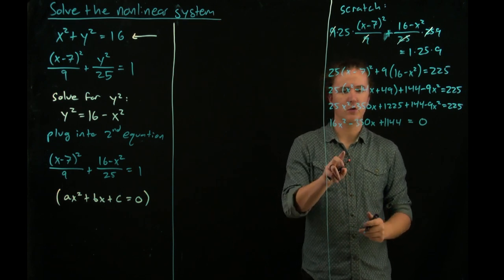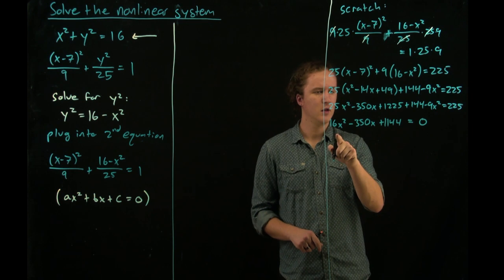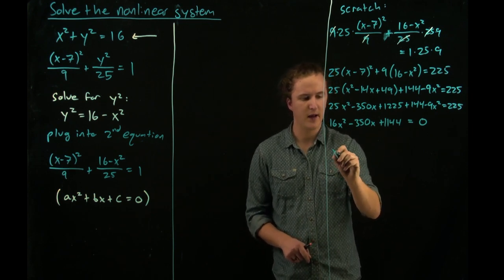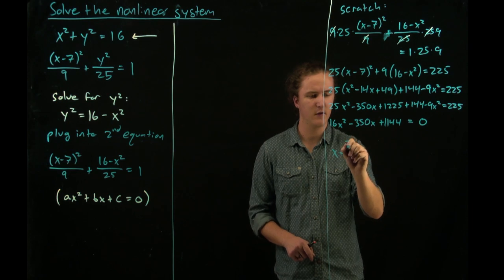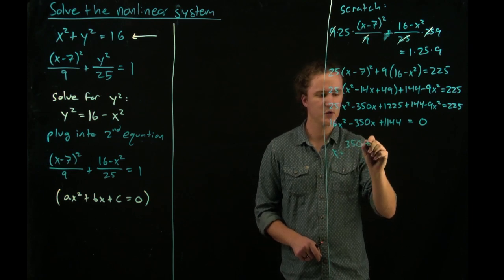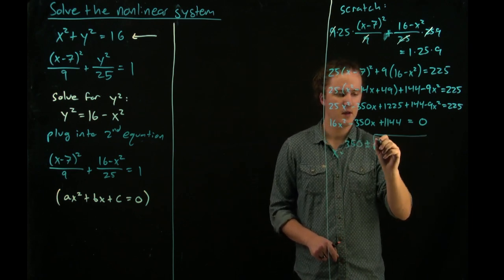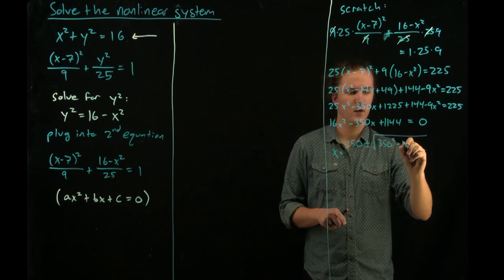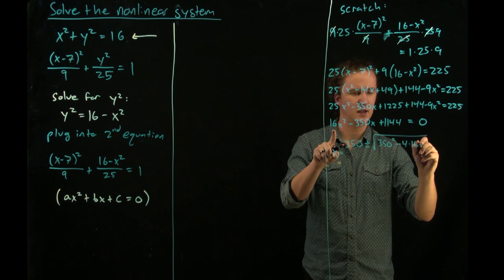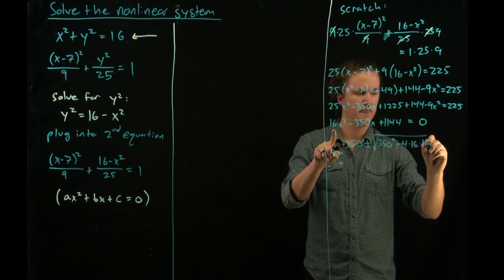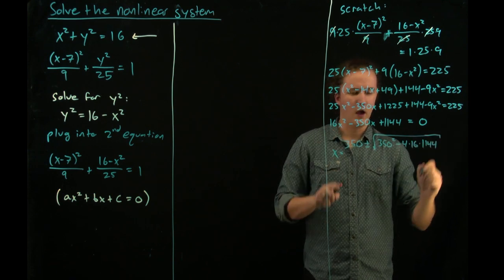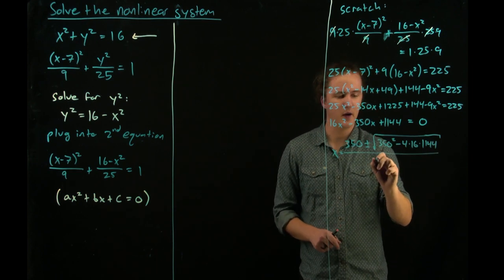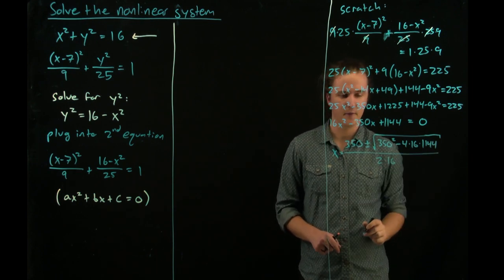So, just a quick reminder on what the solutions are. They're given by the quadratic formula. We know that x is equal to 350 plus or minus the square root of 350 squared minus 4 times a, which is 16, times c. Now I almost forgot, we need to divide by 2a.